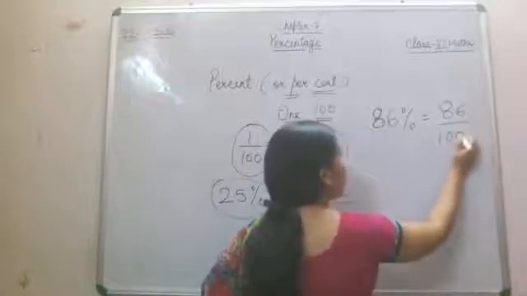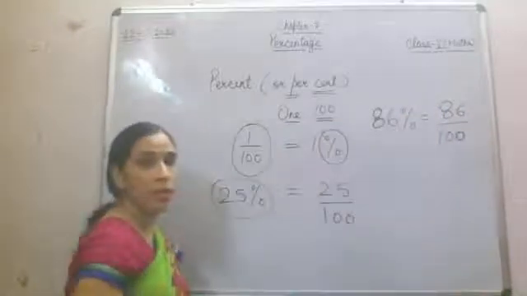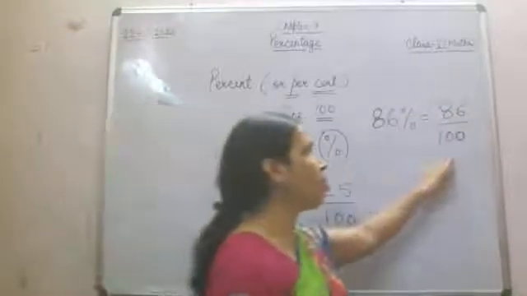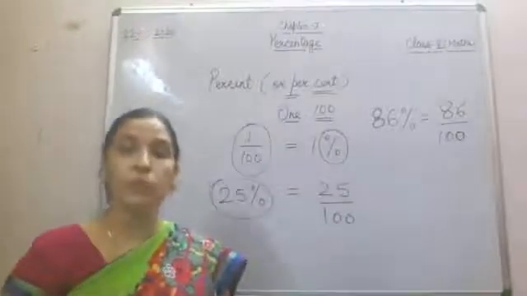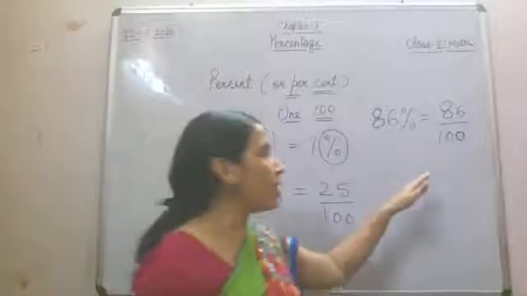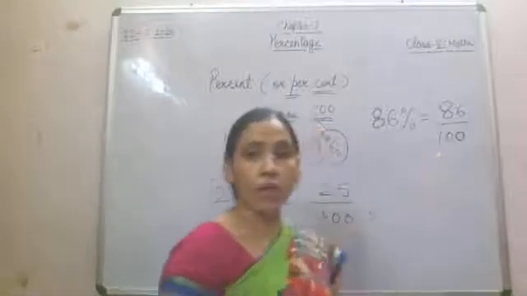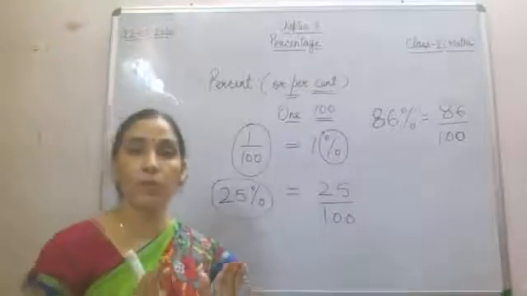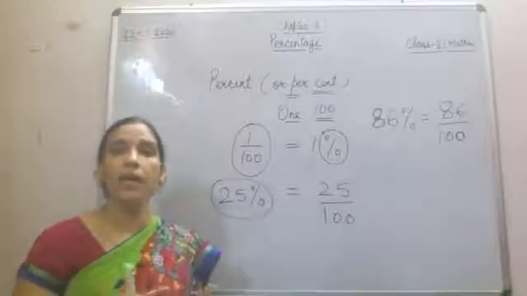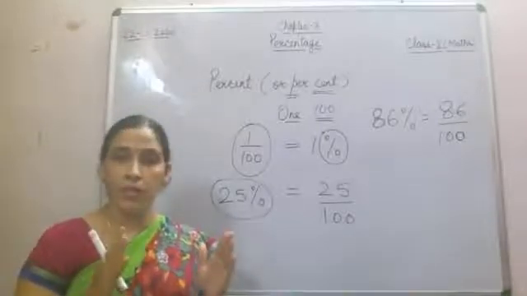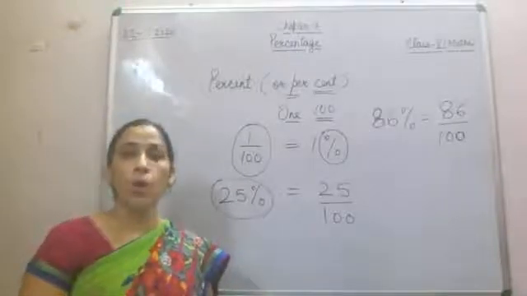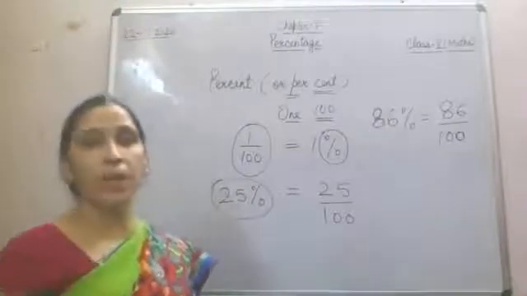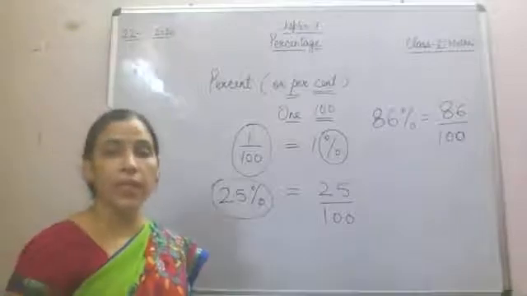It means out of 100 I have got 86 marks. This will be your average of all the marks. We will not go into that much depth. We will only understand what we mean by percent, how we will symbolize and represent it, and how we can find the percentage of anything.